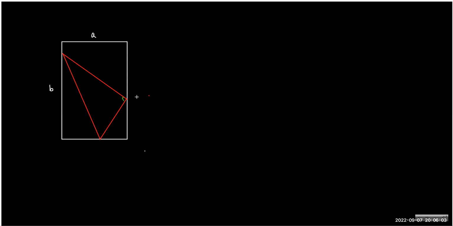So we are just flipping the page. And what do you see?